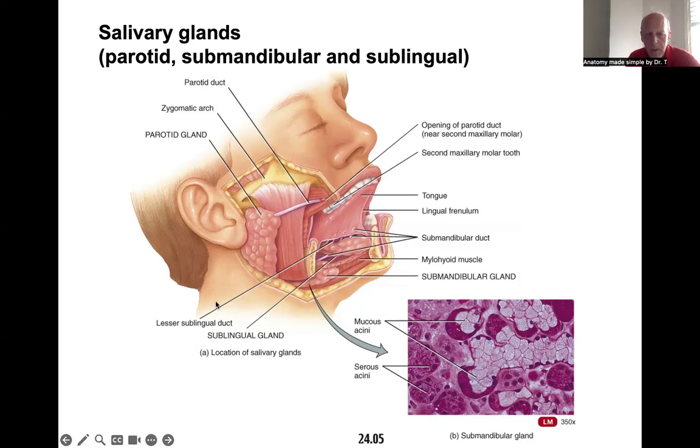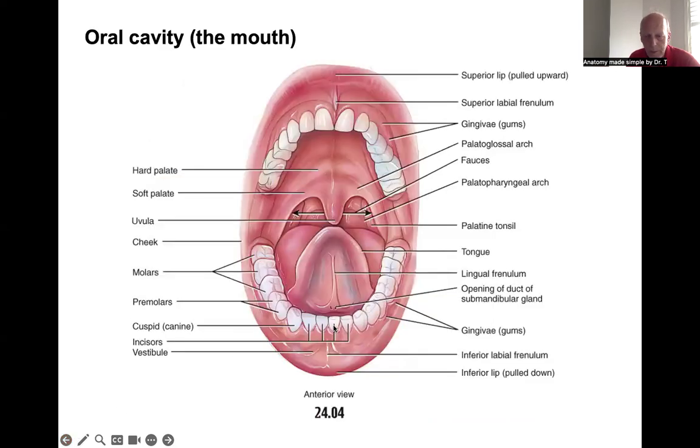The submandibular gland, as you're going to see from the picture we already used, has a very unusual location for the opening of its duct. It is just under the tongue, next to the tongue's frenulum. So these two little dark spots practically mark the opening of the submandibular duct.